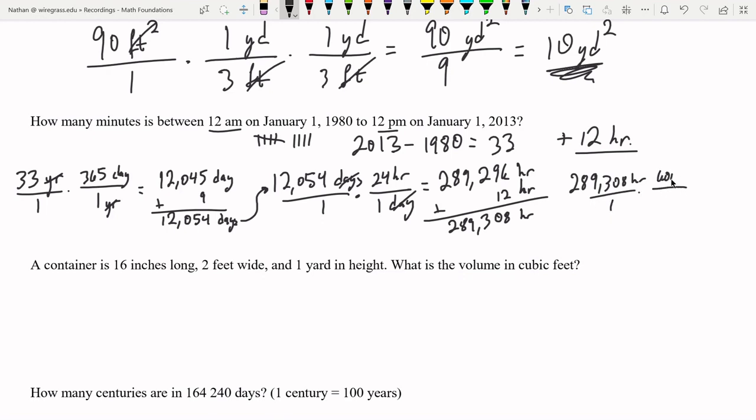There are 60 minutes in 1 hour. It's going to give us a total of 17,358,480 minutes in this time frame.